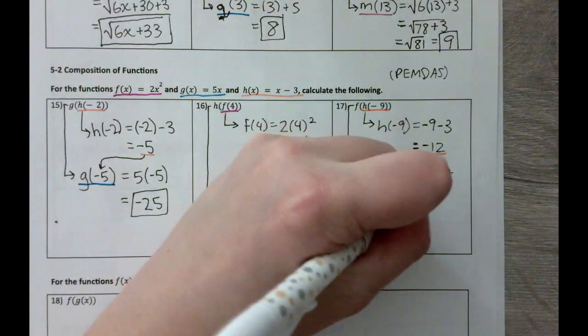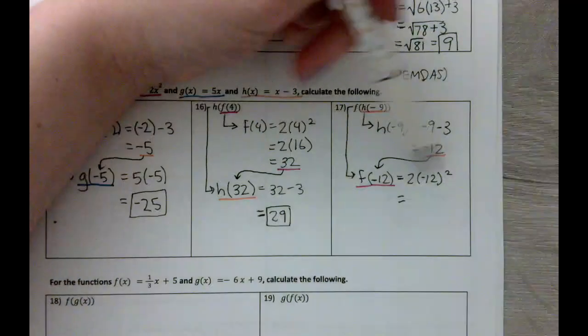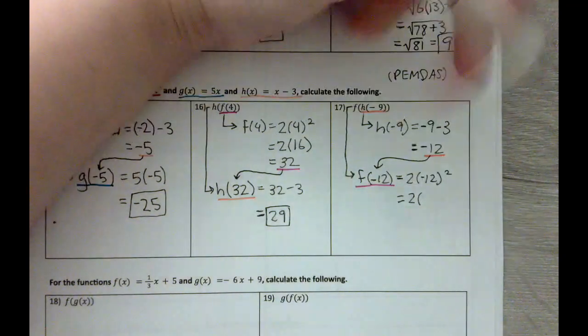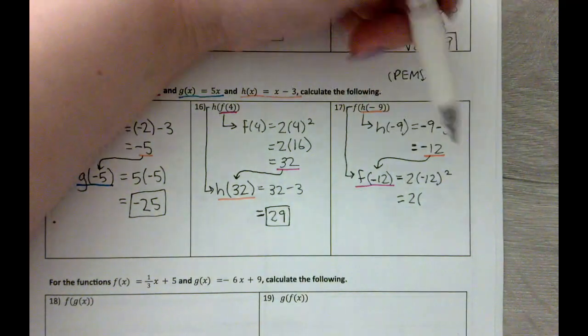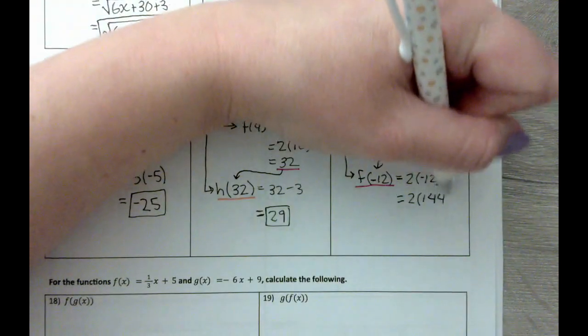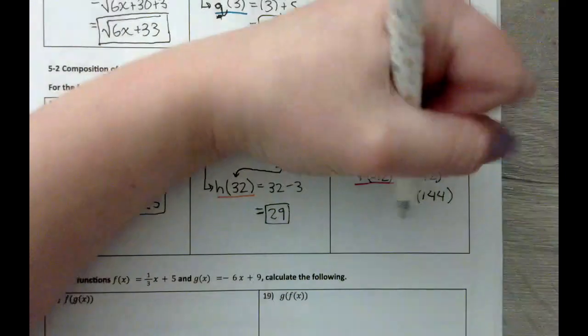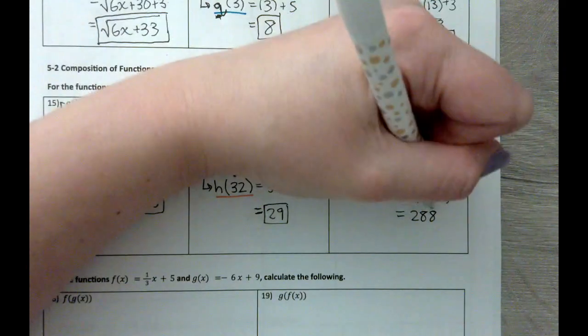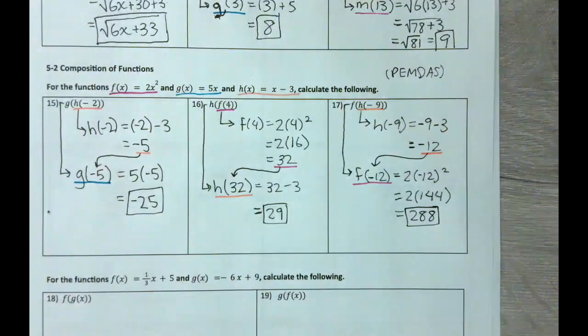Remember, order of operations tells us that we have to do the exponent before we multiply by 2. Negative 12 squared, that's going to be a positive, and then 12 squared is 144. 2 times 144 is 288. And now I'm done.